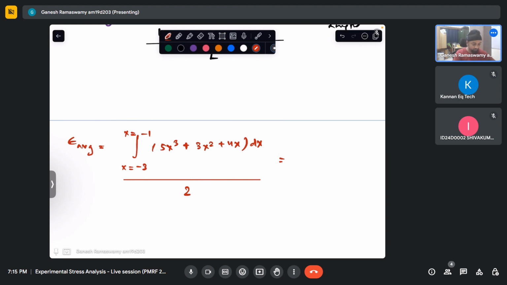Integrating from minus 3 to minus 1, 5x cubed plus 3x squared plus 4x.